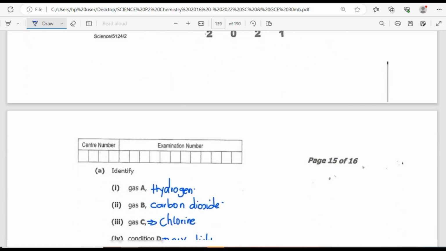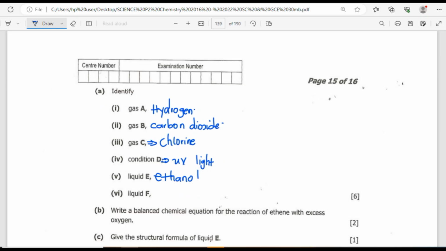So this is what we are going to have, dibromoethane. And remember, it's colorless. And this is one of the ways they use to check for an alkene.